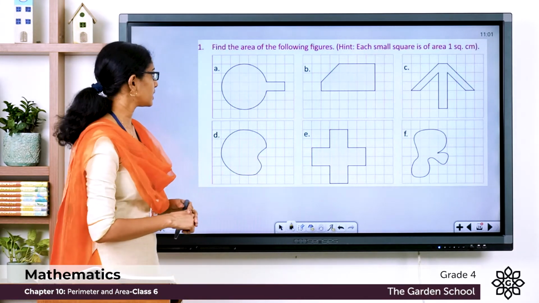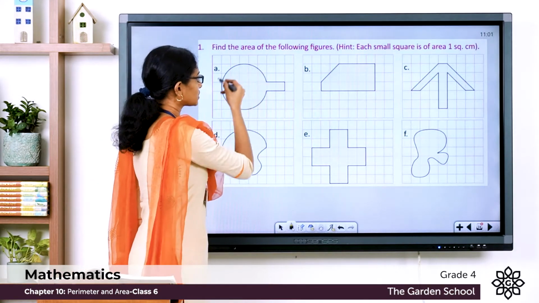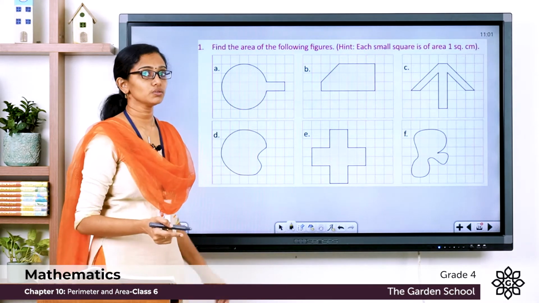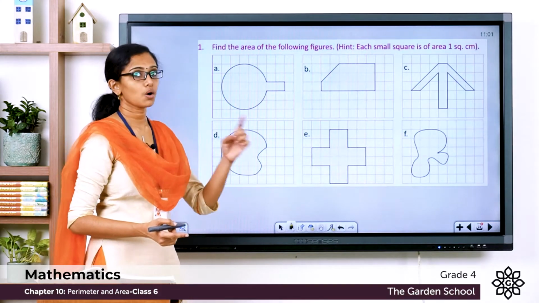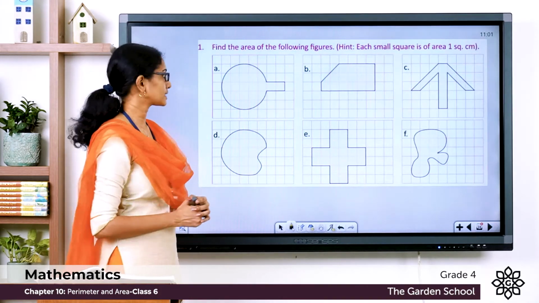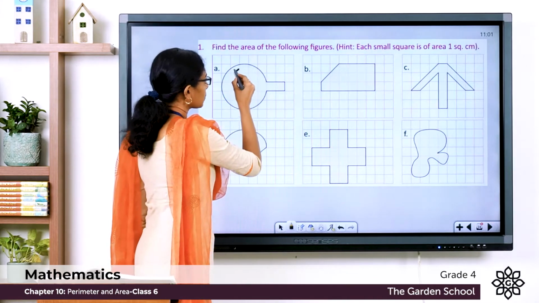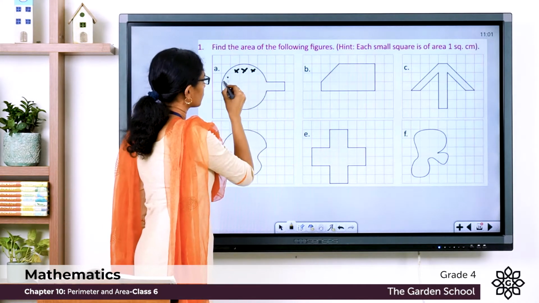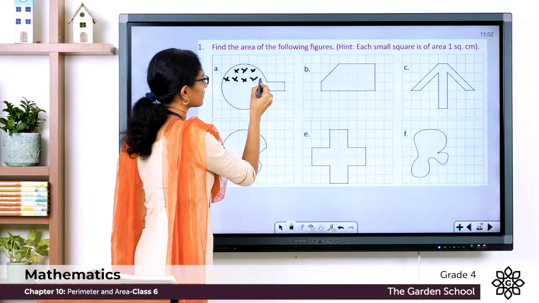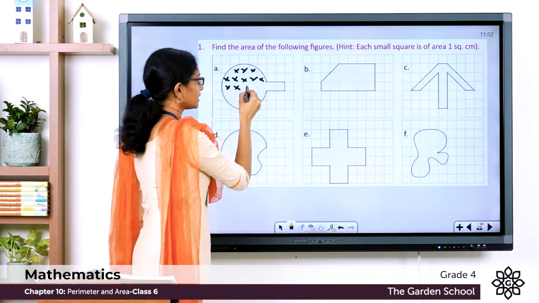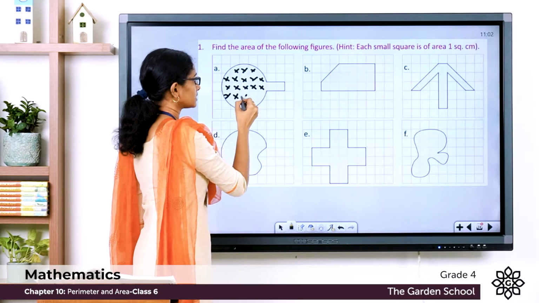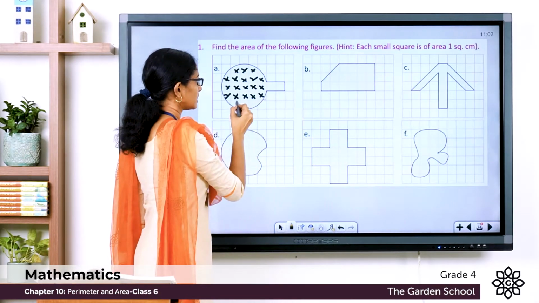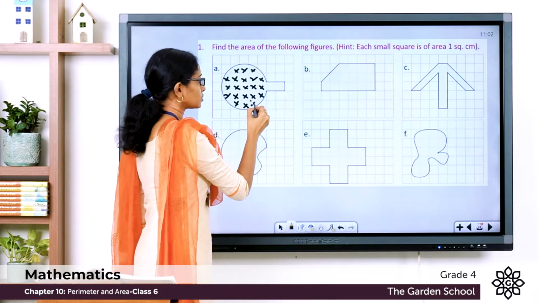So let's do the counting. In the case of this part, you have to take the squares which are covered half or more than half as having an area of 1 square centimeter. So that would be 1, 2, 3, 4, 5, 6, 7, 8, 9, 10, 11, 12, 13, 14, 15, 16, 17, 18, 19, 20, 21.